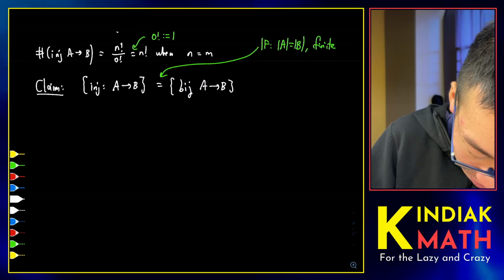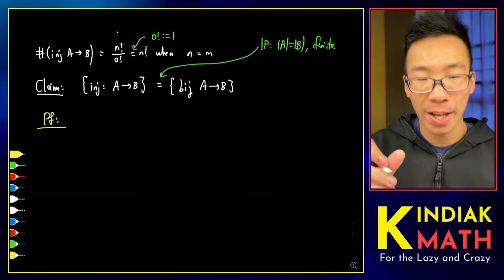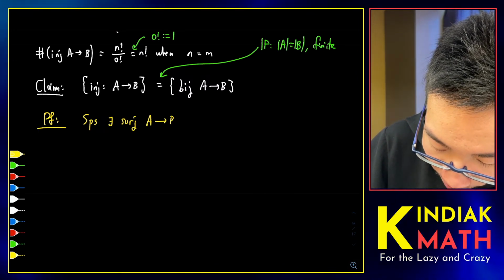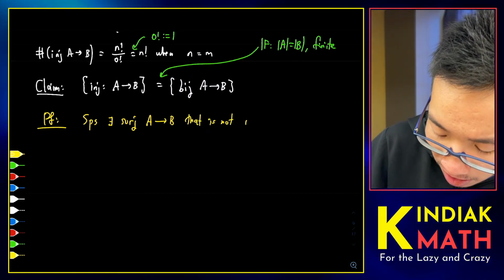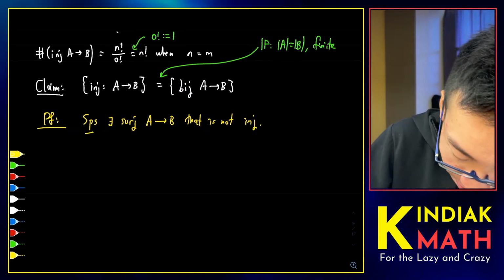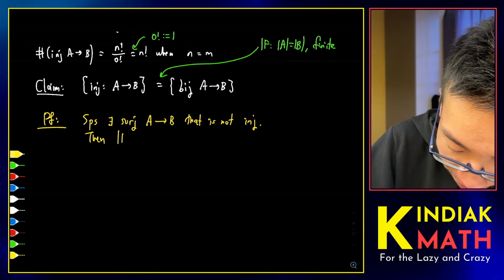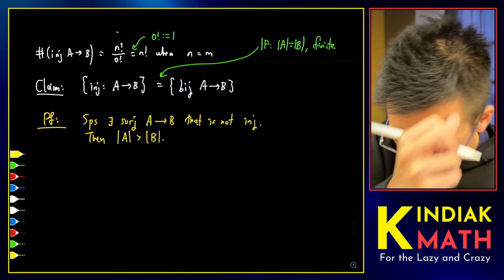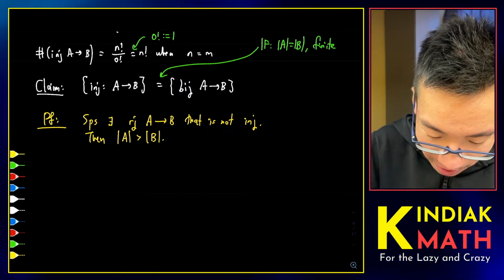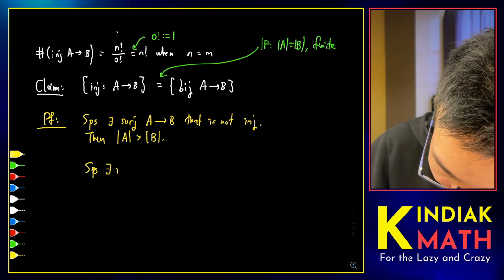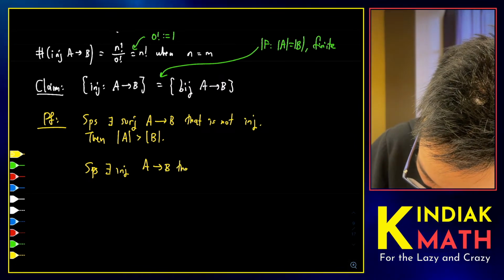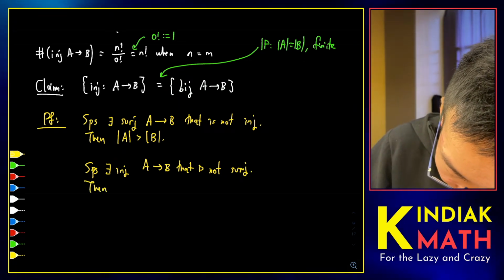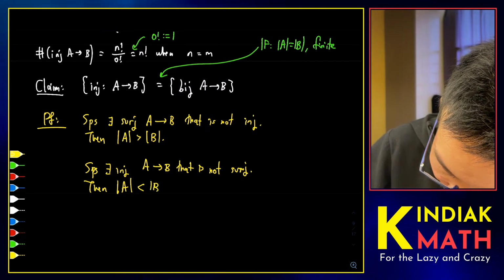We know that if there exists a surjection from A to B that is not injective, then the size of A is strictly larger than the size of B. And similarly, we have another result that says that if there exists an injection from A to B that is not a surjection, then the size of A is less than the size of B.